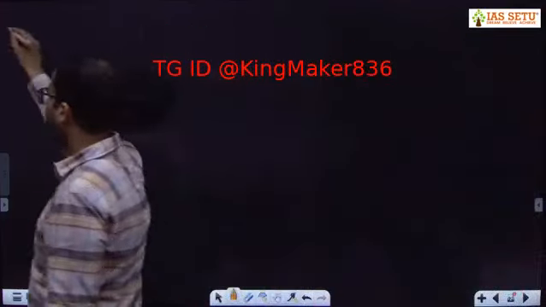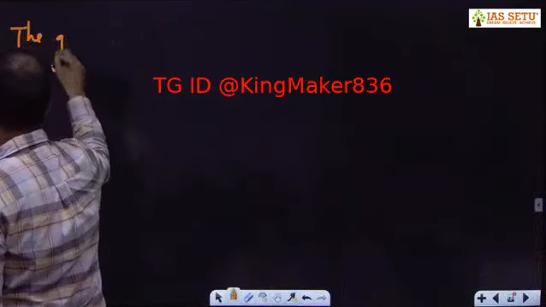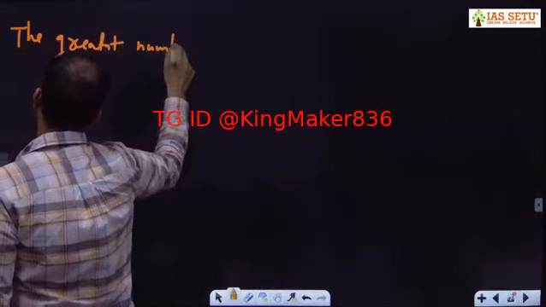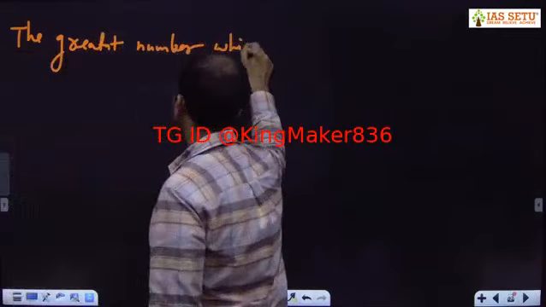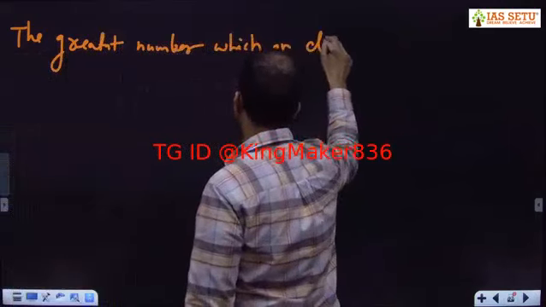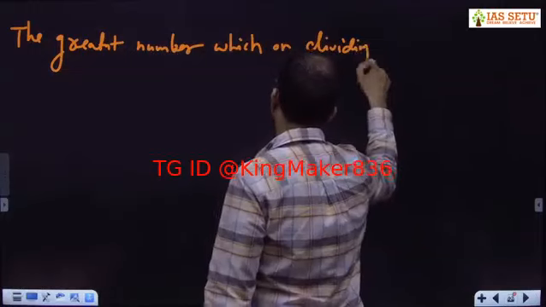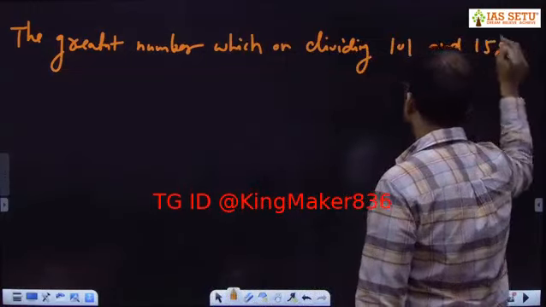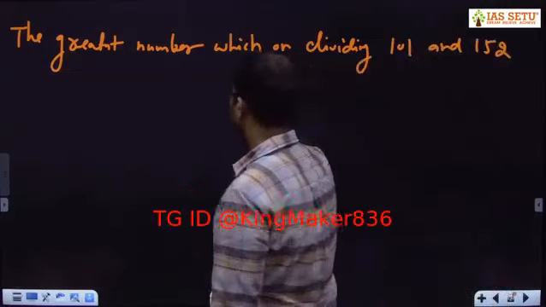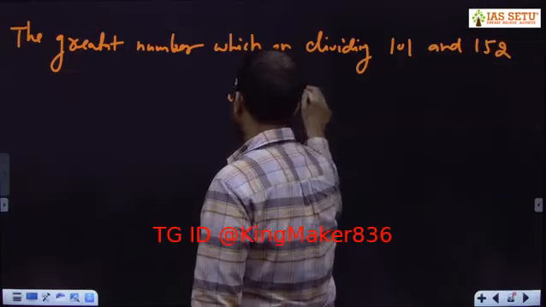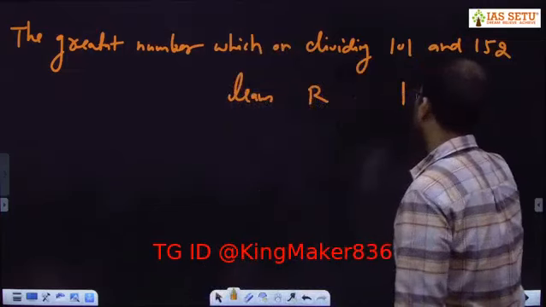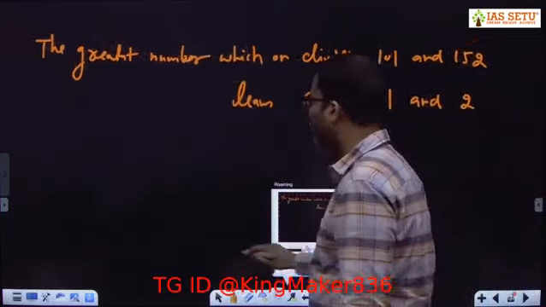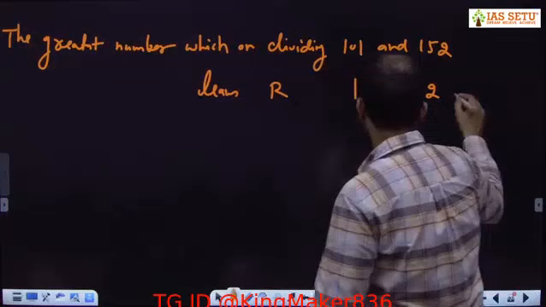Wait. The greatest number which on dividing 101 and 152 leaves remainder 1 and 2 respectively.